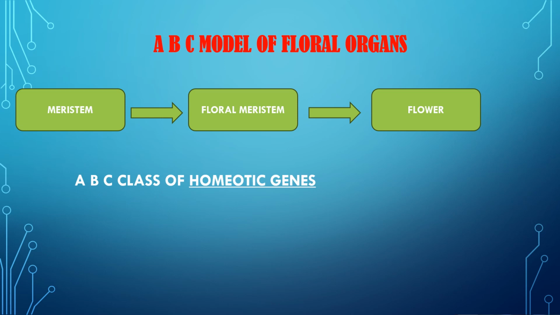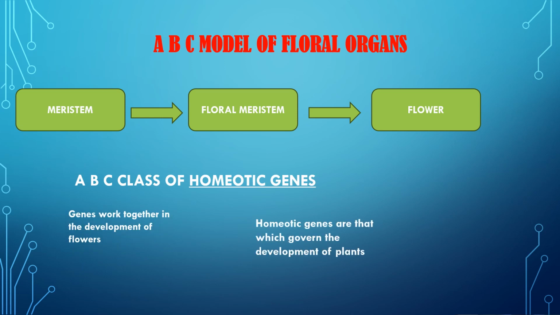And the ABC class of homeotic genes. Let's see what these homeotic genes mean. Homeotic genes are those which govern the development of plants. And what do we mean by ABC class?